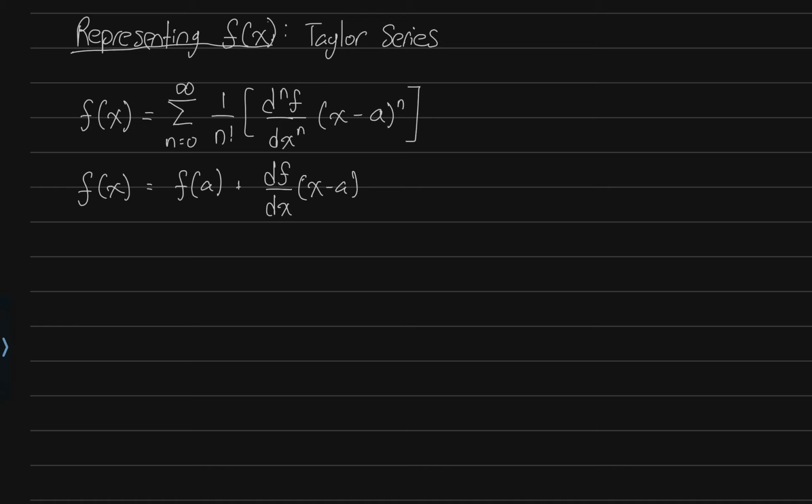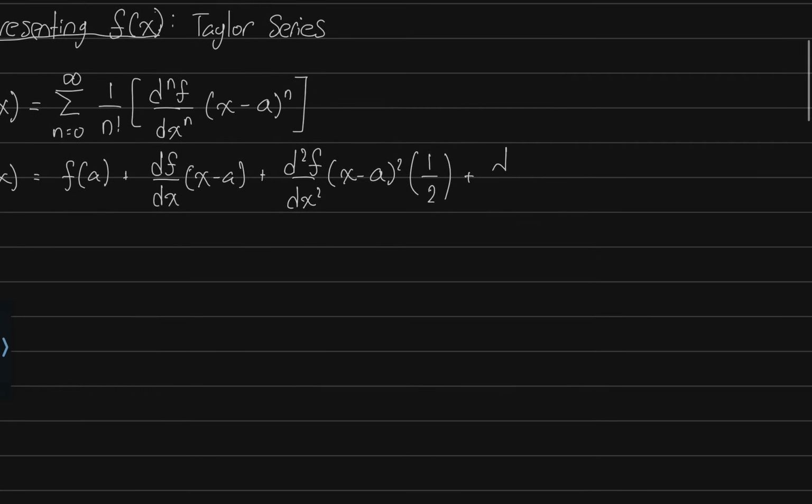My third term is d squared f over dx squared times (x minus a) squared, all times 1 over 2 factorial, which is just 1/2. Then I add my fourth term, d cubed f over dx cubed times (x minus a) cubed times 1 over 3 factorial, which is just 1/6, and I'll add this an infinite amount of times.